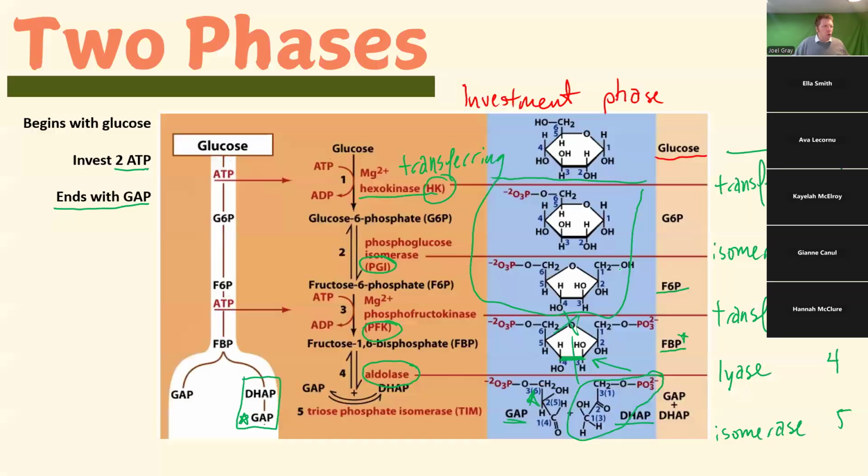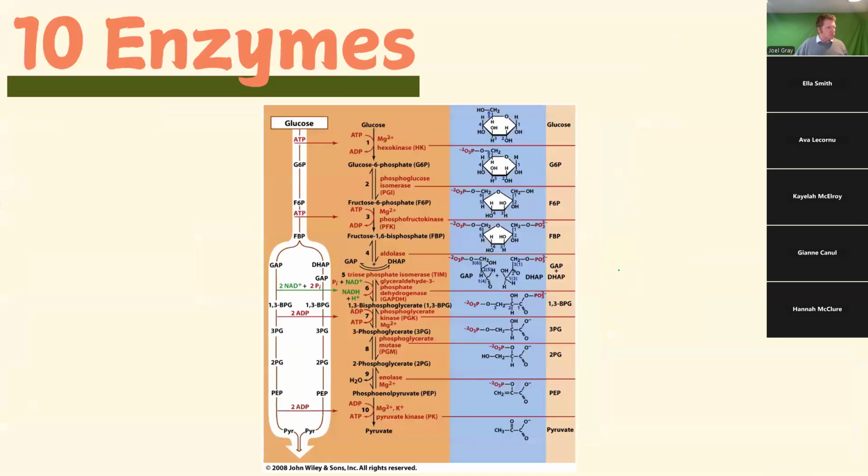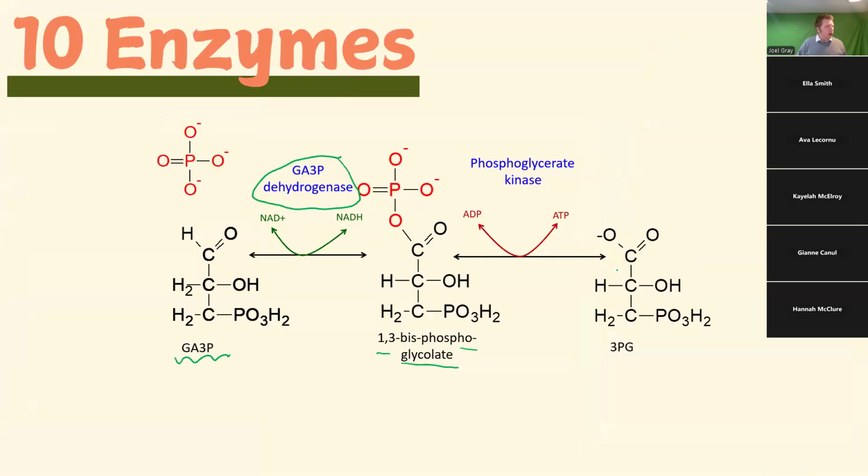Okay, now we're going to go back to the step that we're on. In our previous steps where we were adding a phosphate, we were talking about transferases. The difference is that this inorganic phosphate, Pi, is just floating around. It's just in the cell.